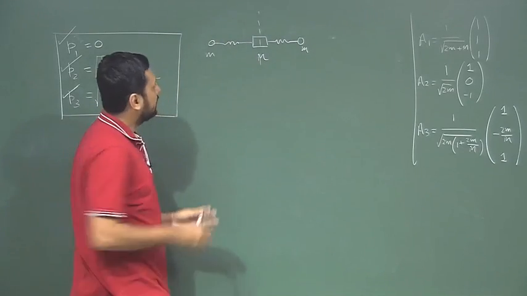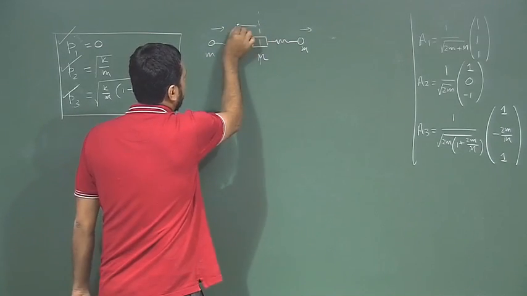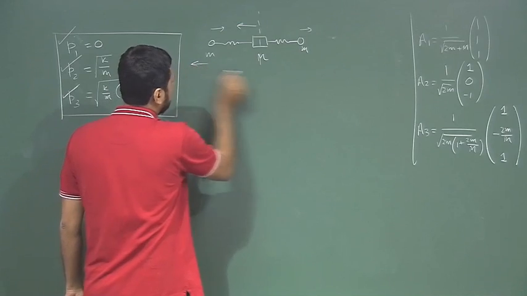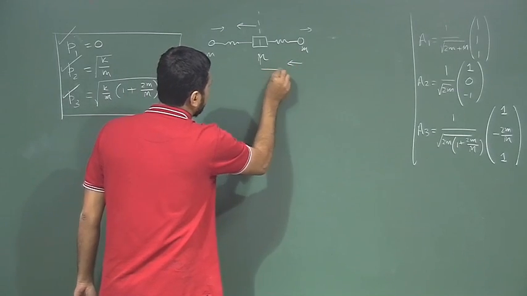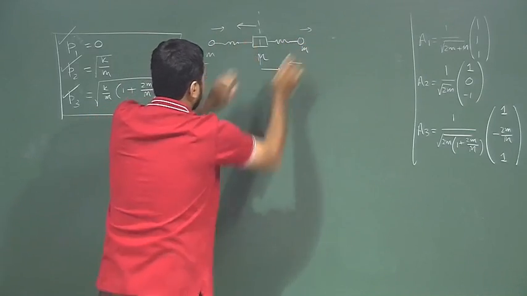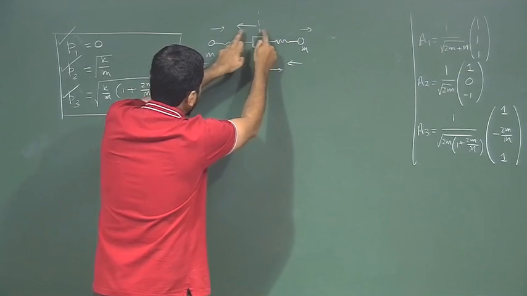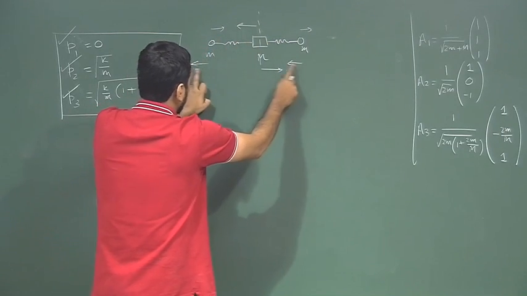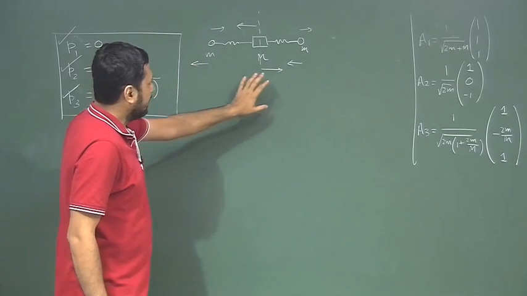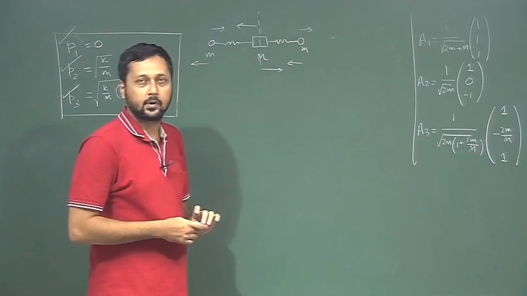If I try to explain this, these two are either going like this or going like this, and if these two are going like this, the middle one is moving this way. If they are going like this, the middle one is going this way, with a scaling in amplitude which is given by 2m by m, right.